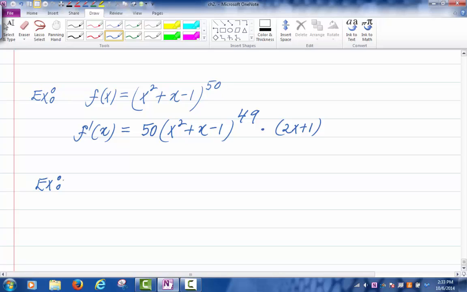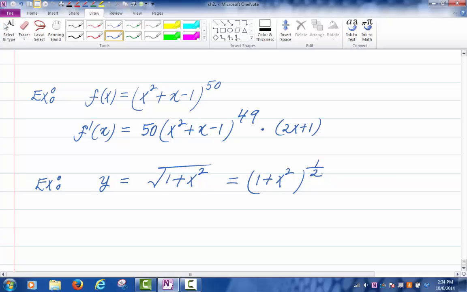Let's say I have the following function y, which is the root of 1 plus x squared. Notice that this quantity is (1 plus x squared) to the half. So once again, you look at this function, you wish that 1 plus x squared is just x.